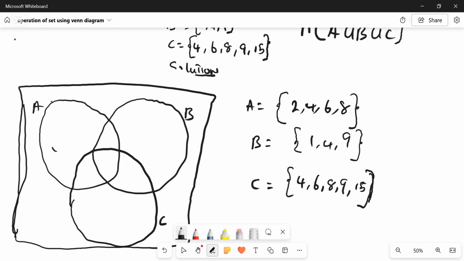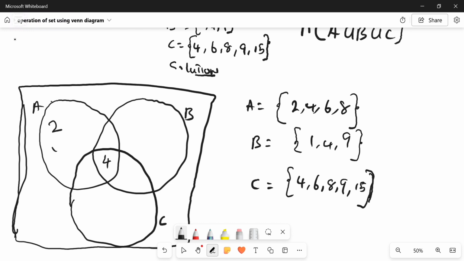So for our subset A, we have 2. 2 is only in subset A, so I'm going to put 2 here. We have 4, which is in subsets A, B, and C. So this is where A, B, and C intersect. So 4 will be here.